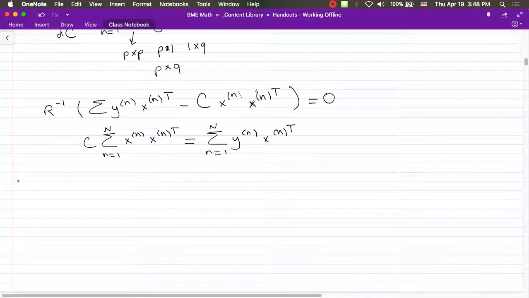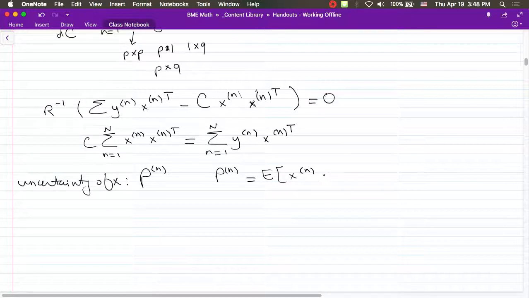So we have the uncertainty of x, which we write as P of n. And so P of n is the expected value of x of n x n transpose minus the expected value of x of n times the expected value of x of n transpose.